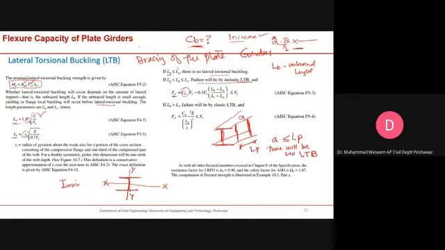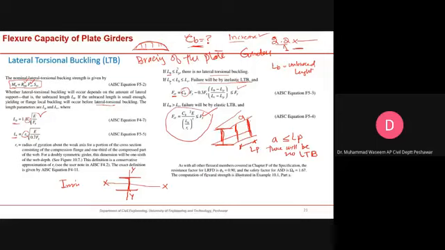And if you have this type of curvature in your bending moment, you have to plot your bending moment diagram, and then see what value is the Cb. There are some empirical equations you can use to compute the Cb value, okay? So if the Lb is greater than Lr, then the Fcr value will be different, but it will always be less than yield.